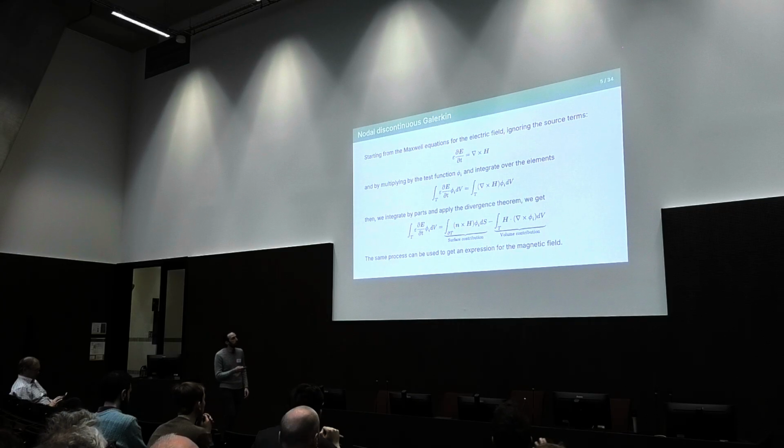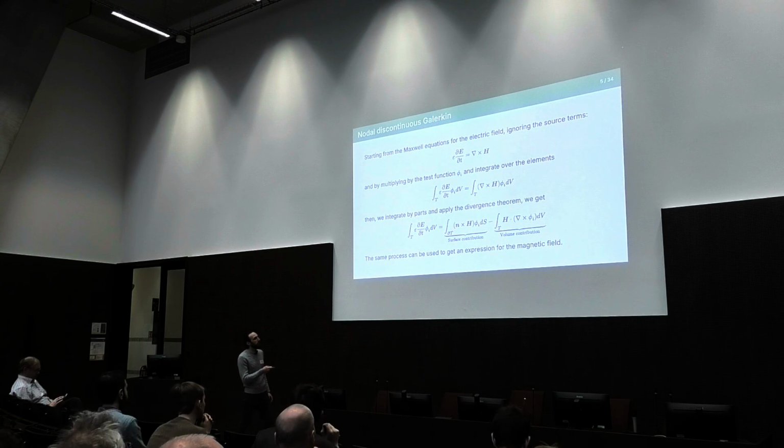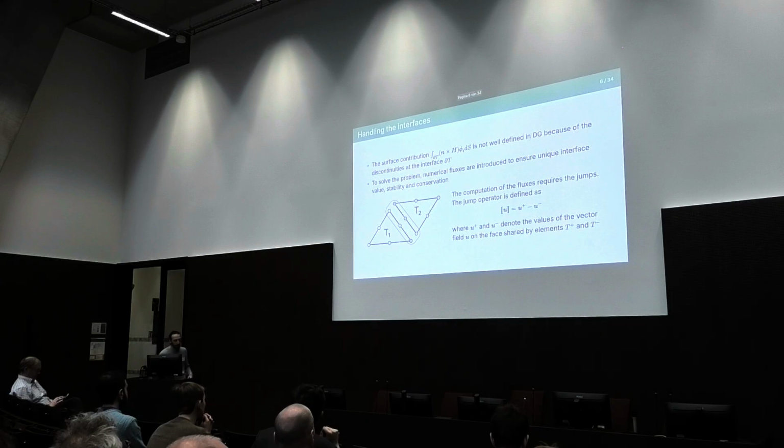The important part to understand for the next part of this talk is that we have a surface contribution and a volume contribution. The consequence is that with the surface contribution, we have exchange across the boundaries.